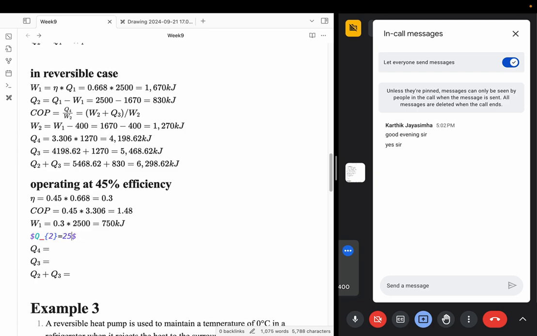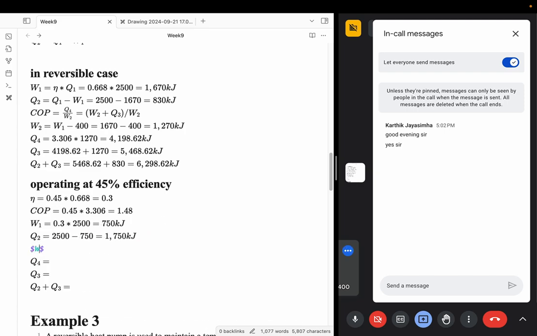Q2 will be Q1 minus whatever is your work done. Q4 will be the remaining work done.